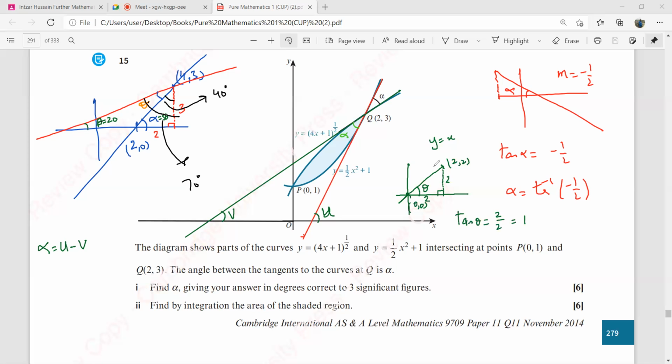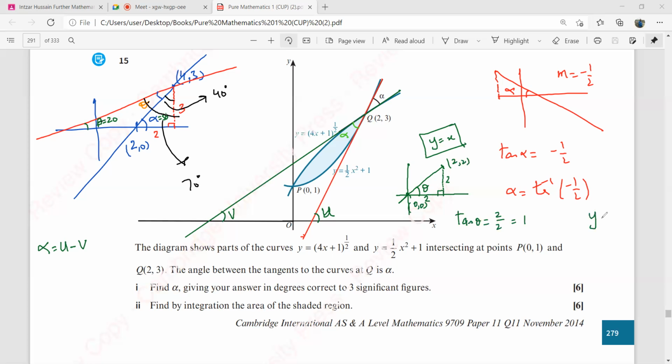But if you look at this line y equals x very carefully, you will see that the gradient of y equals x is also 1. So while finding the angle that a line makes with the x-axis, you can simply say that the tan of that angle is equal to the gradient of that line. Let me generalize this.